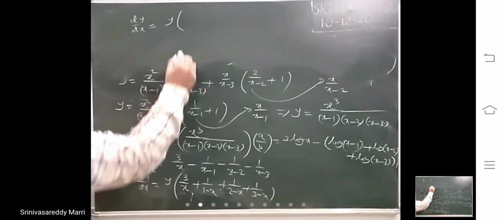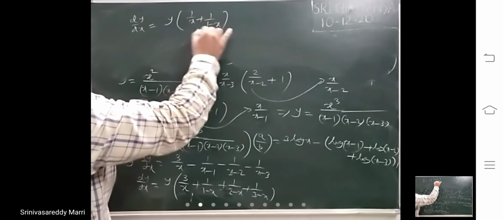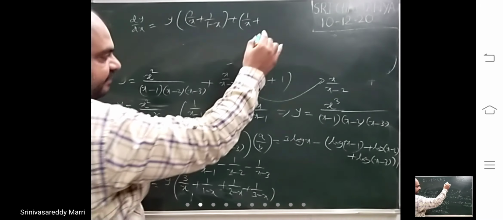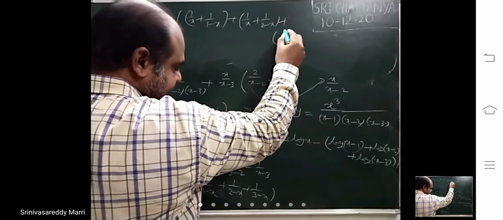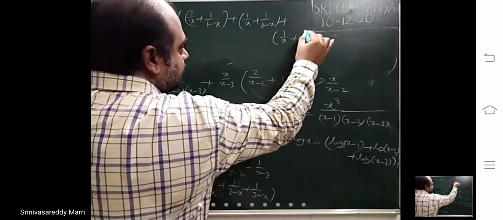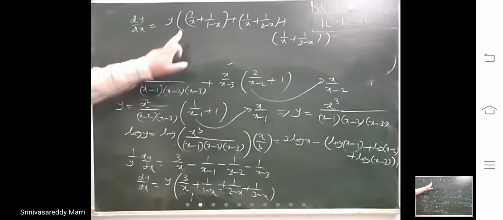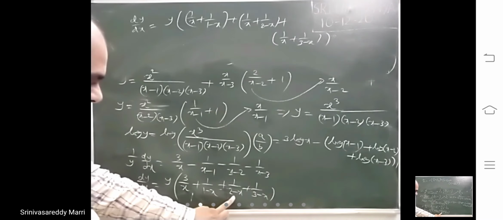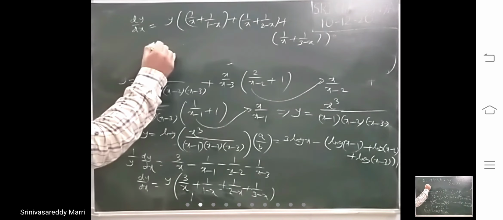Look at this, 3 by x is there. I am writing like this. For every one I am adding 1 by x. Look at 1 by x, 1 by x, 1 by x. For this I have added 1 by x, for this 1 by x, for this 1 by x.